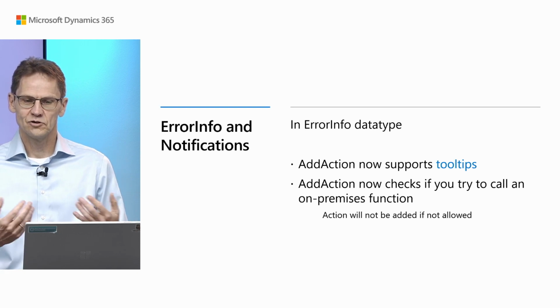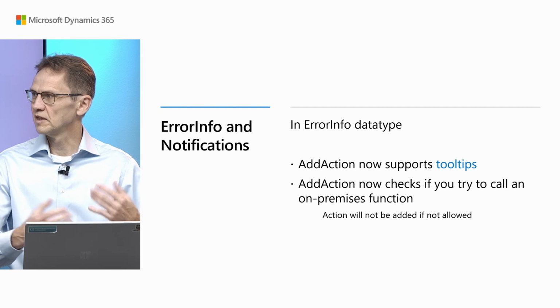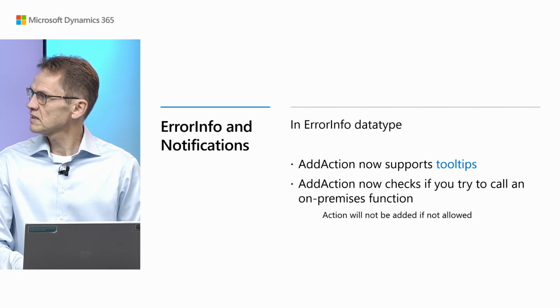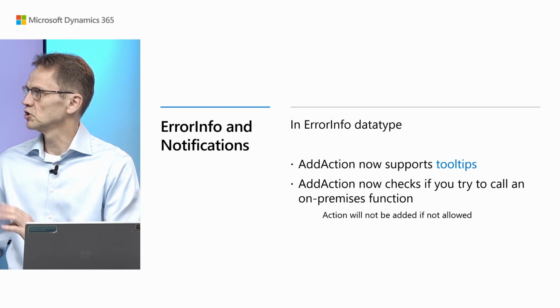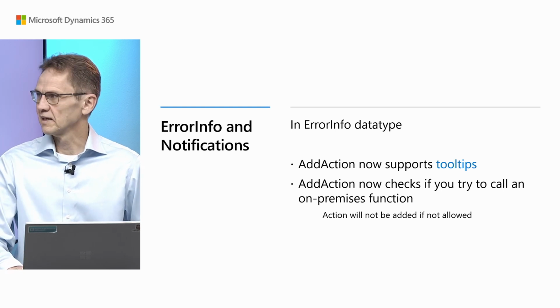Furthermore, it also now checks if you try to call an on-premises function. That was a small mistake we had in there that we fixed. If you happen to do that, then the action will simply not be shown because the user does not have permission to interact with this action.